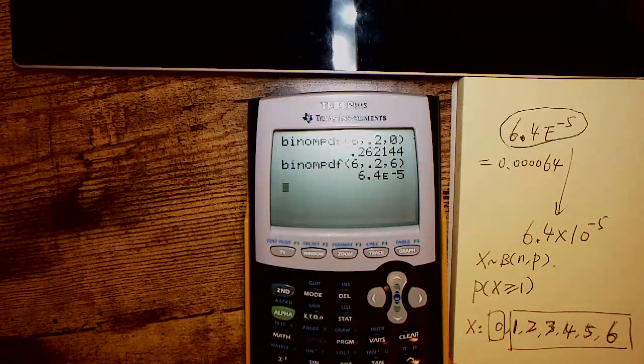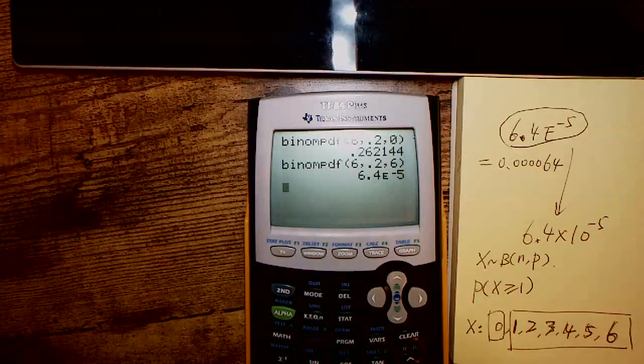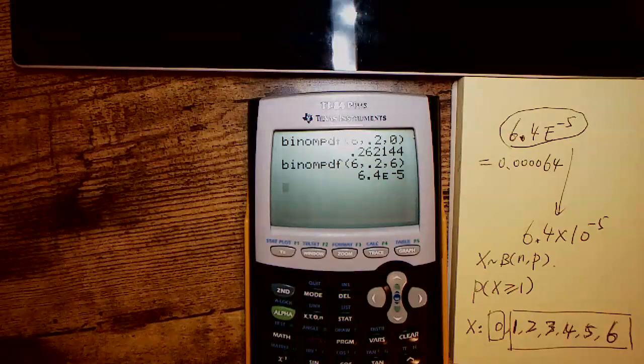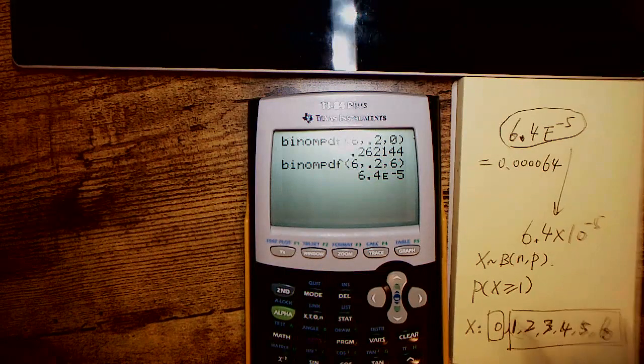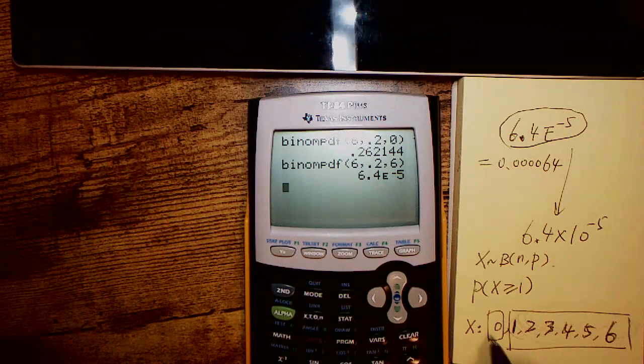I can type it here: the complement of at least one is none. Pretty catchy, right? None means 0. As you can see, at least one includes all those possibilities, so the complement would be X equals 0.